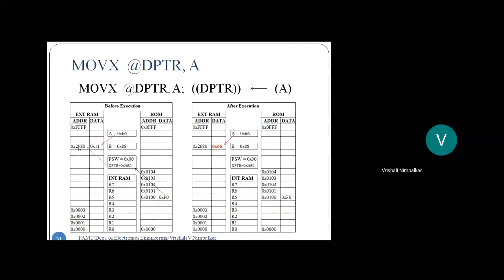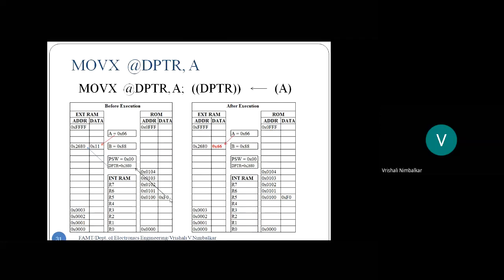In between, this is internal RAM, where I have only shown R0 to R7 registers. And on the next side it is internal ROM 0000 to 2FFF. So our instruction is 1 byte. MOVX @DPTR, A is a 1-byte instruction. So we have written only 1 byte.